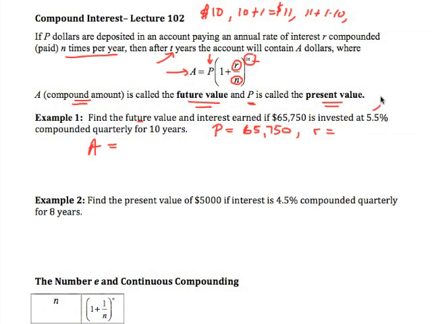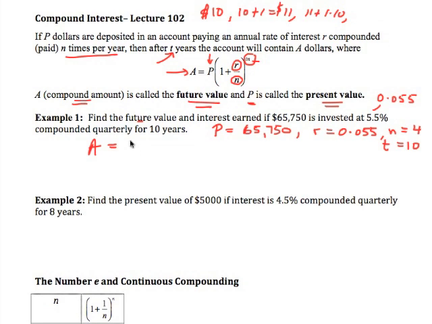And the rate at 5.5% will be 0.055. All right, we don't want to write it as a percentage, so it's got to be a decimal. And how many times are we doing it? Well, we're doing it quarterly, so n would be 4 times a year. And the number of years would be 10 years.